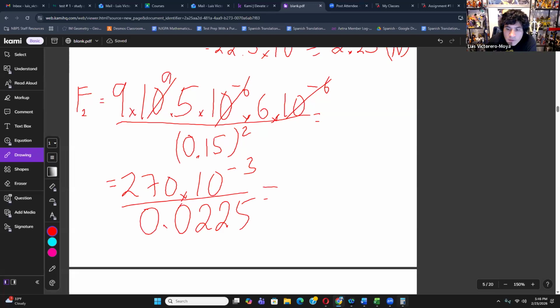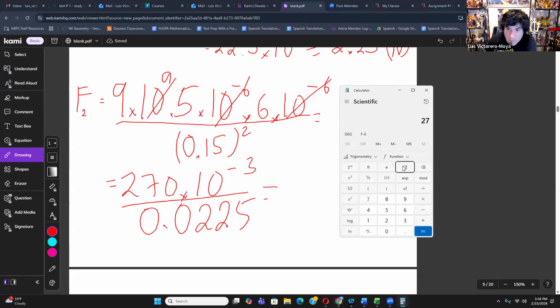So that's always going to give you a little bit bigger than before. Let me see this again. 45 times 6 divided by 0.0225, yeah, that makes sense.